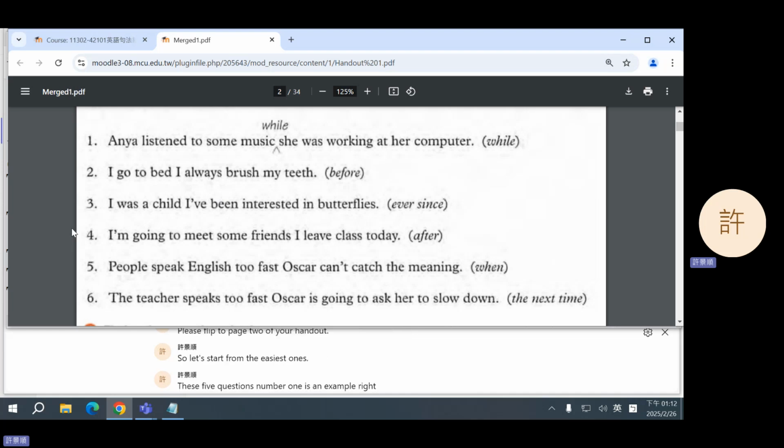Each one gives you the subordinate conjunction, and it wants you to put it in the right place in its sentence. 5 questions. I'll give you 2 minutes, and then we'll compare answers. Feel free to discuss with your friends or classmates. This is not a test. We're just doing some practice.